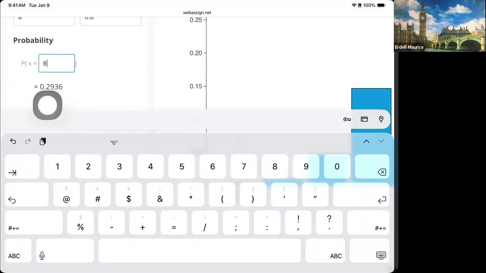The probability that it will work exactly 6 times is 0.2936. Questions? Comments? If I wanted to know 7 times, I'll just change this to a 7. There's a 33% chance that it will work 7 times. Questions there?